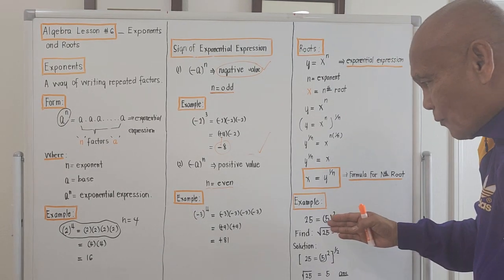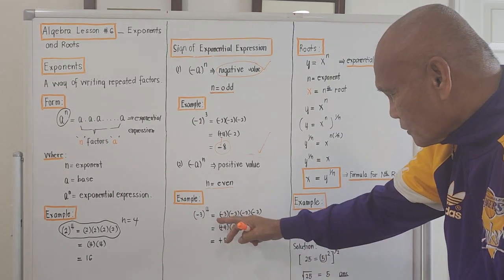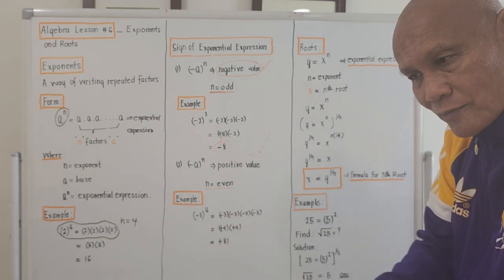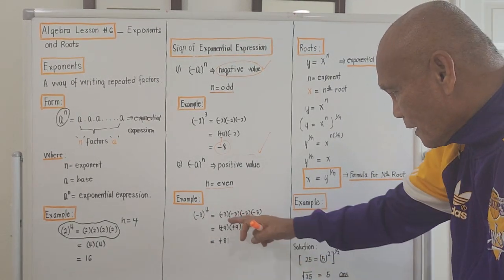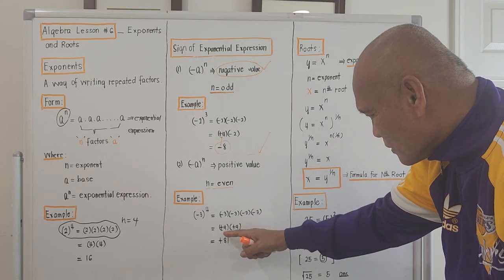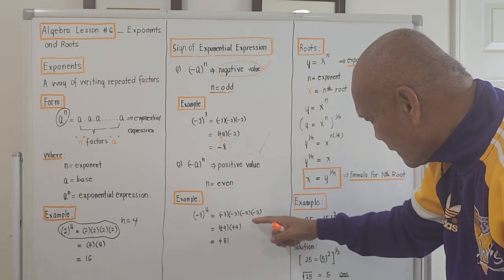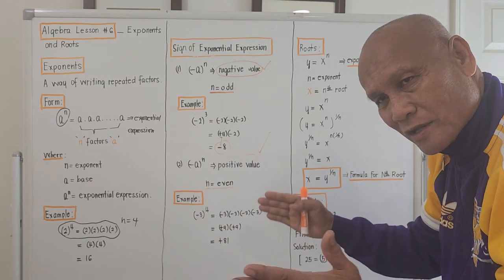So if we simplify this, a negative 3 times a negative 3, we passed by this in lesson number 3 or 4 maybe. A negative and a negative will be a positive, so this will be plus 9. The next, a negative 3 times a negative 3, will be a plus 9 also.